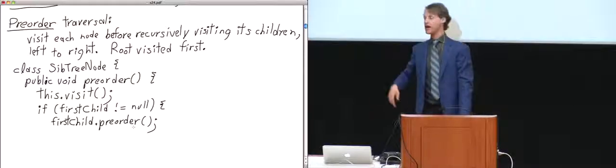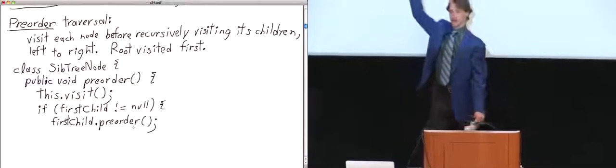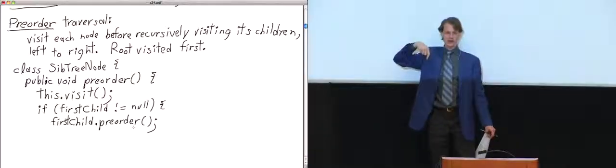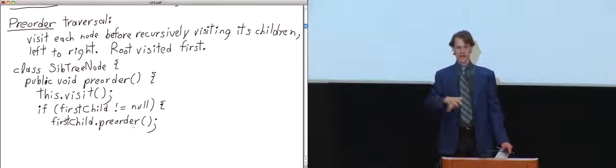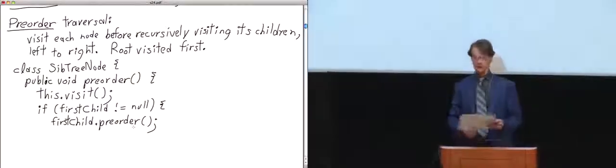Well, to be more precise, we call pre-order recursively on our first child, which is going to have the effect of visiting all of the descendants of this node.